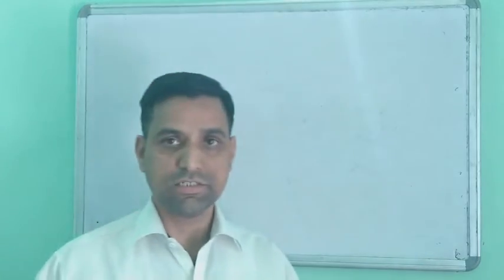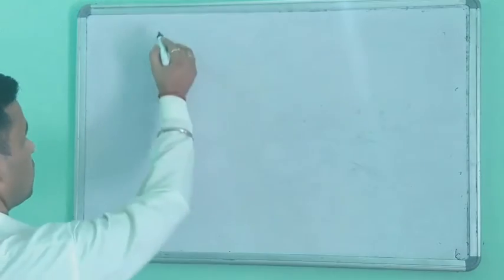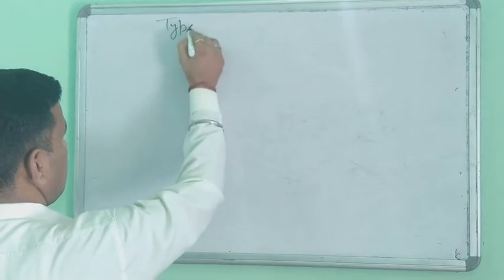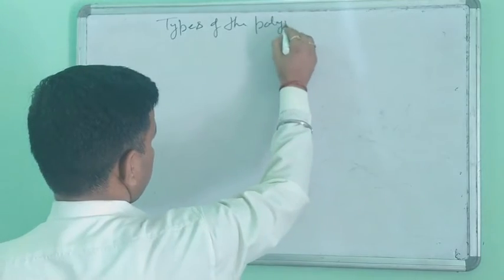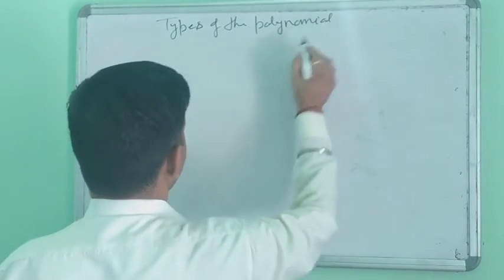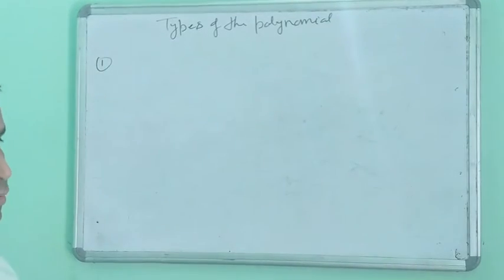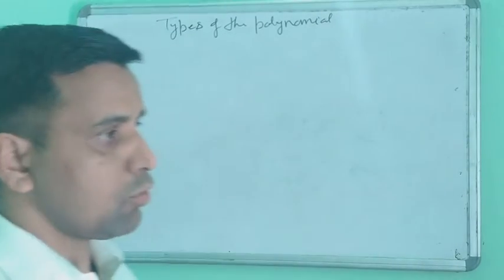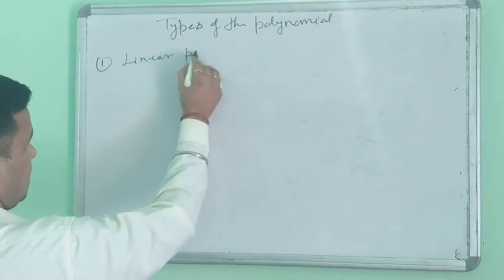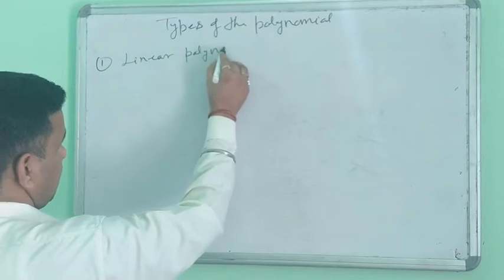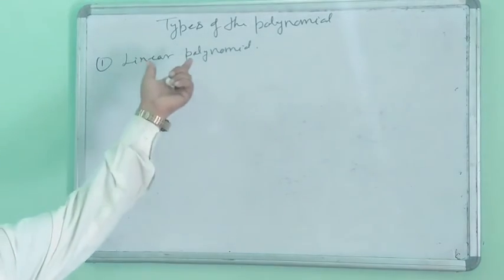Then the next point is the types of polynomials. The first type is the linear polynomial, linear equation, linear polynomial.